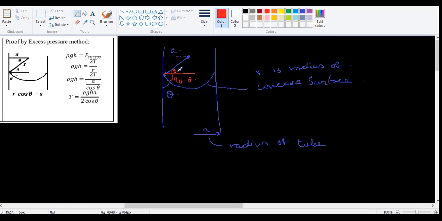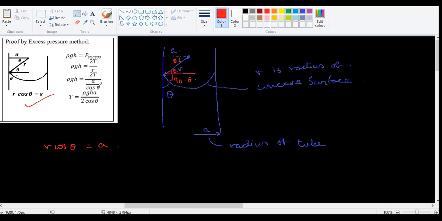So take it down properly. If this is theta, then this is also theta, alternate angles, so opposite angles. So if this is theta, this is R, you know that R cos theta will be equal to A, because it's the adjacent side.